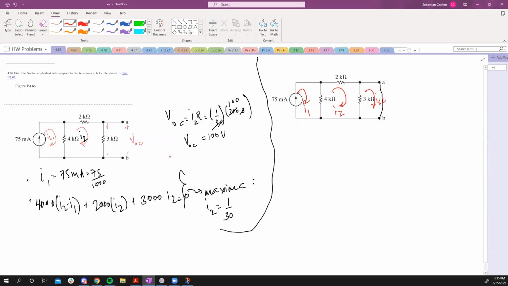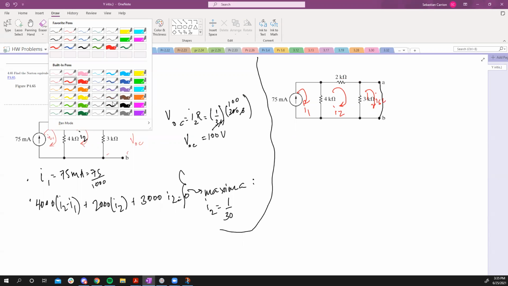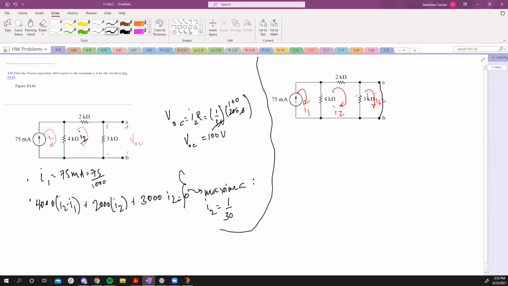So this time, essentially, we know that the current follows the path of least resistance. Therefore, our 3K ohm is basically canceled out. So this would not be a thing, and then we just pretend it goes like this.